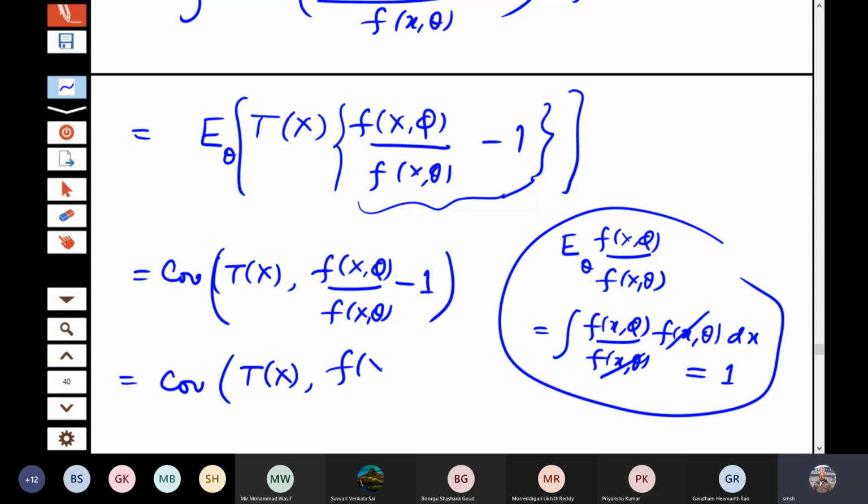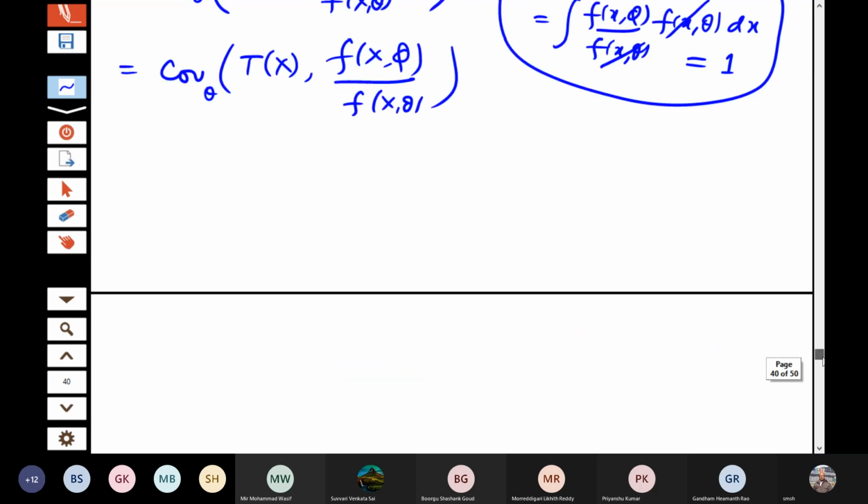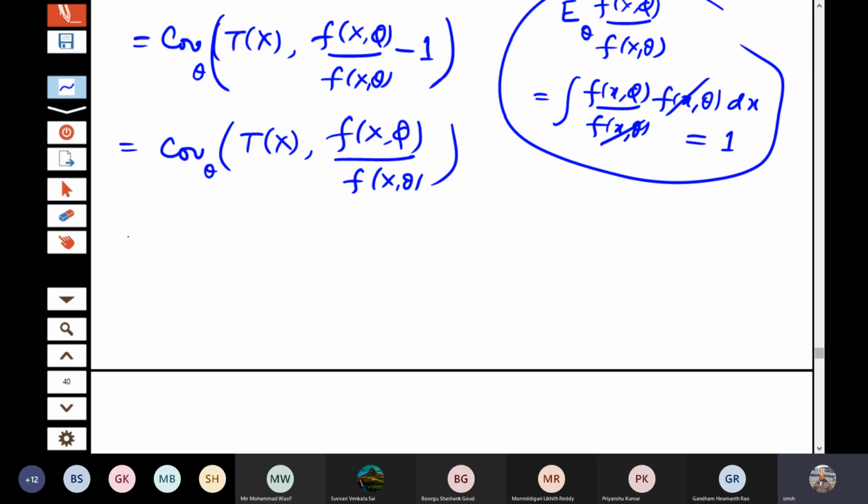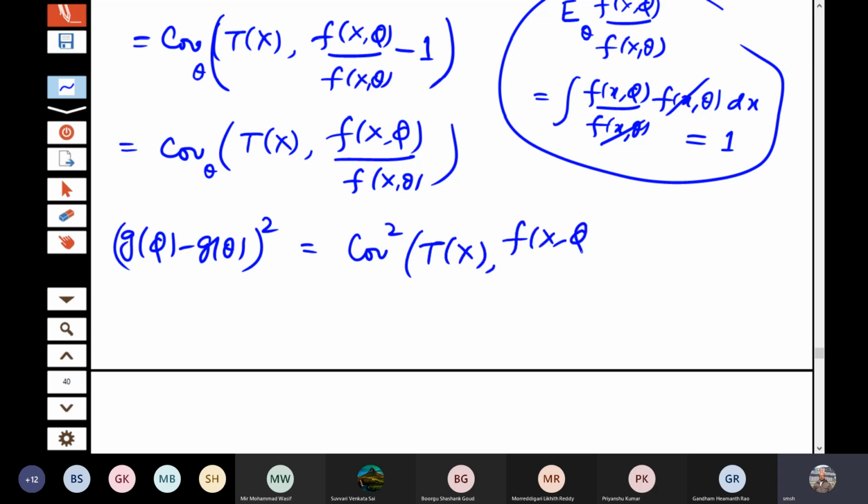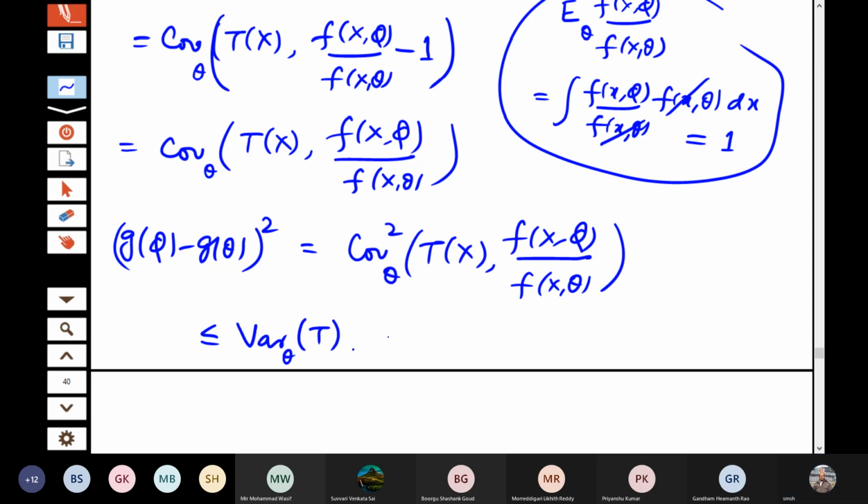So it is nothing but this term itself. So we have (g(phi) minus g(theta)) whole square equal to covariance square of T(X) and f_X(x; phi) by f_X(x; theta). So by applying the covariance inequality, I will get this is less than or equal to the variance of T into the variance of f_X(x; phi) by f_X(x; theta).